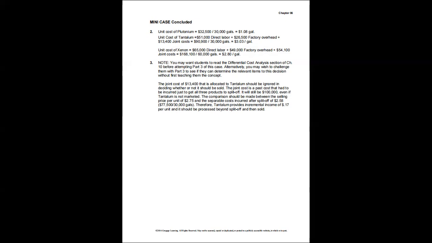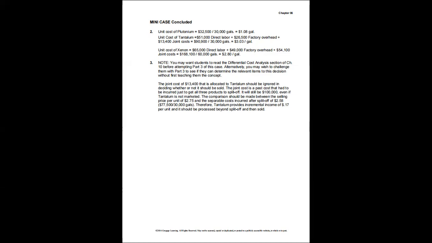So you get 3.03 per gallon. And the unit cost of xenon, 65,000 direct labor plus 49,000 factory overhead plus 54,100 joint cost, a total of 168,000 divided by 60,000 gallons, equals 2.80 per gallon.